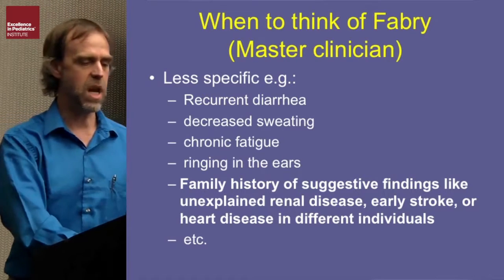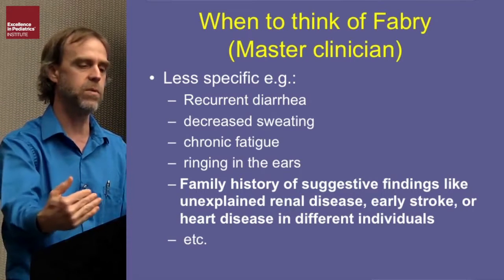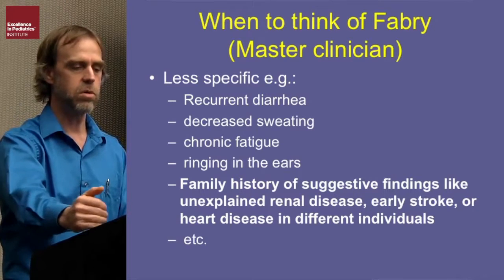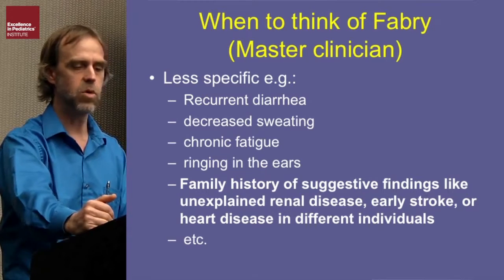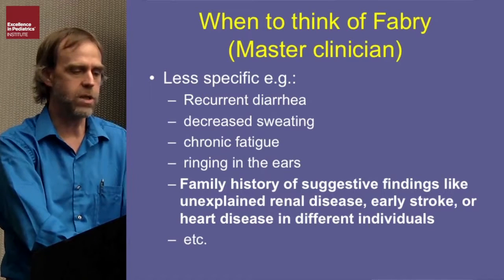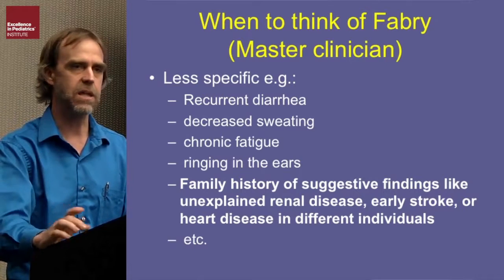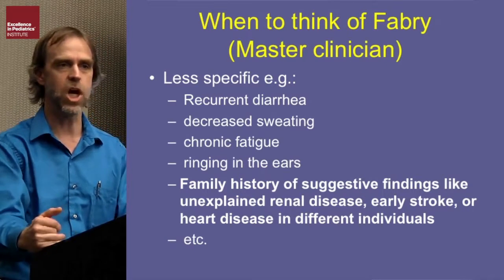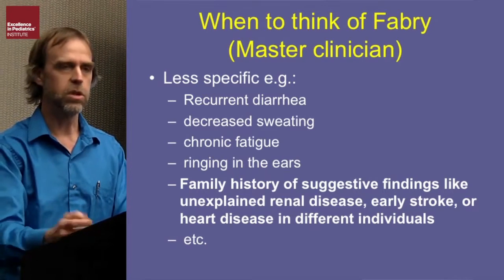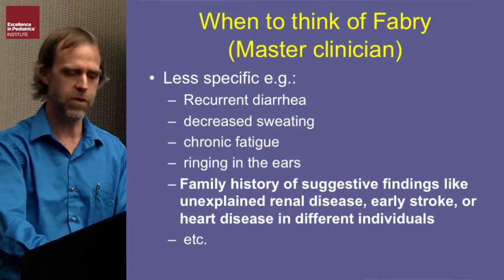Family history, but not specifically a family history of Fabry disease. If you get a family history in a child of early strokes, renal disease in multiple individuals, or of heart disease, and especially if that's accompanied by pain in the hands and feet, either in the child that you're evaluating or in the affected family members, you're going to look very good if you think, oh, this could be Fabry disease.